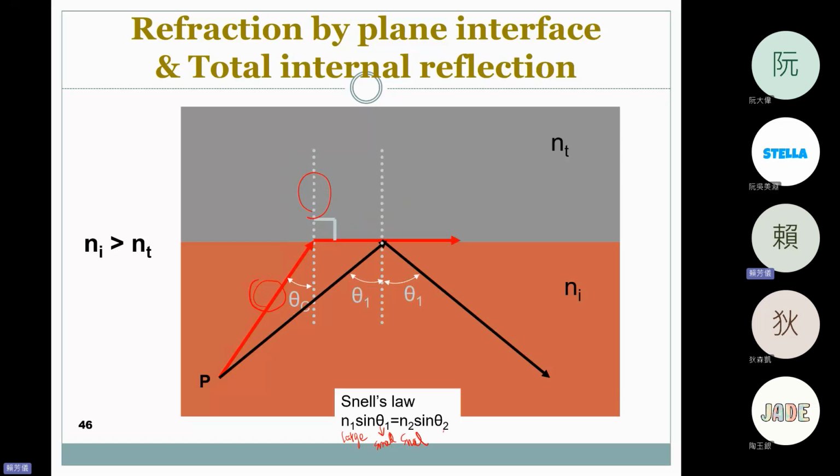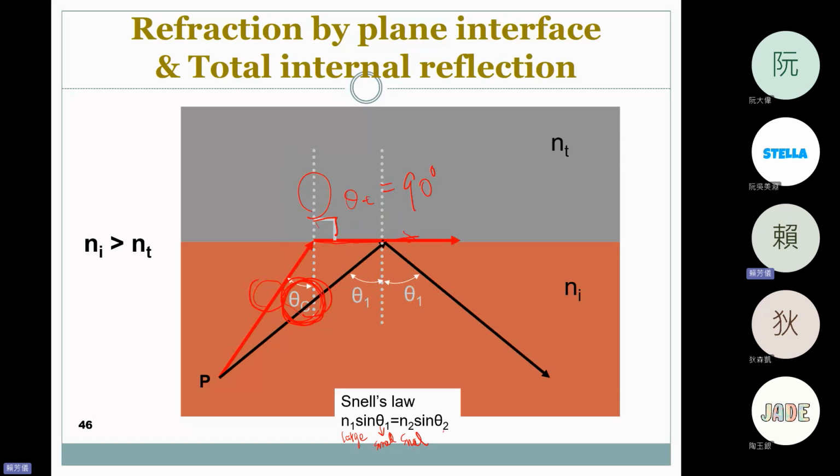In some situations, when the incident angle theta 1 reaches a certain angle, the refraction angle theta t will become 90 degrees.